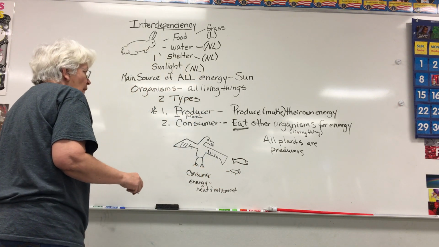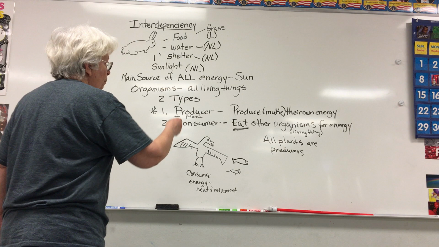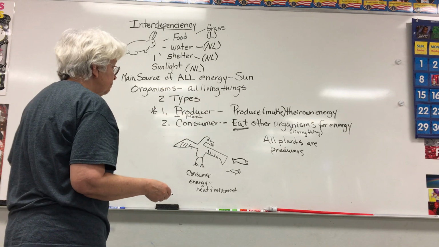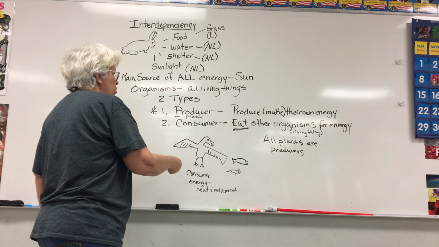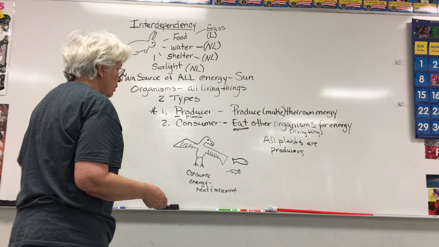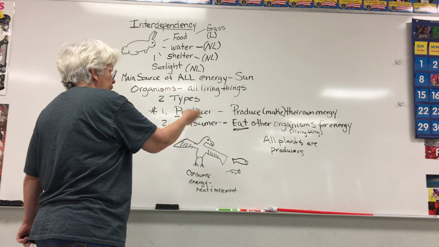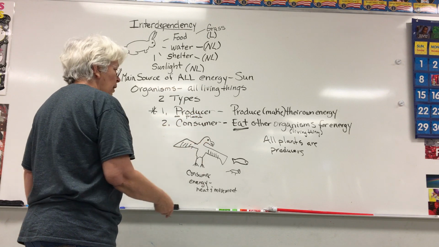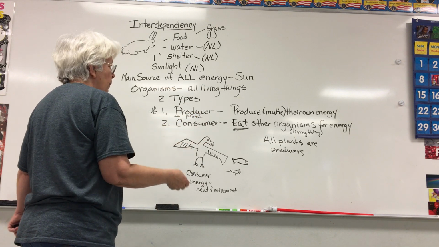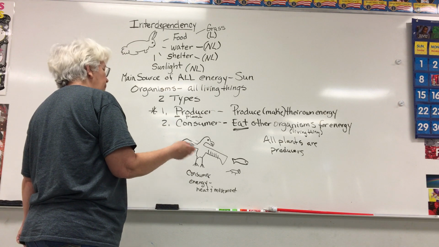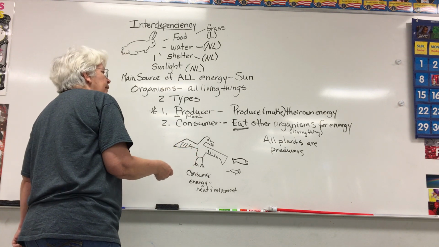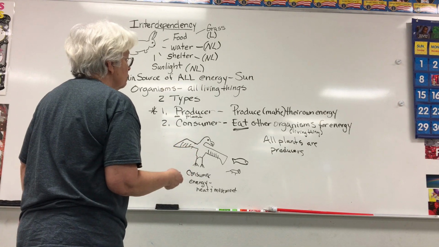So where do people fall in this? Okay, we don't produce or make our own energy. We're not a plant, so what are we? We're consumers. We eat plants, we eat vegetables, we eat fruits, but we also eat meat. We eat fish. We don't eat mice, but we eat fish, and we eat beef, and we eat pork, and things like that. So we are consumers. Okay?